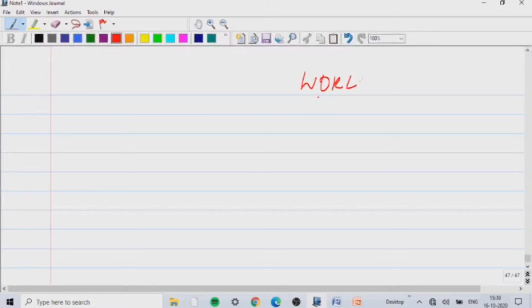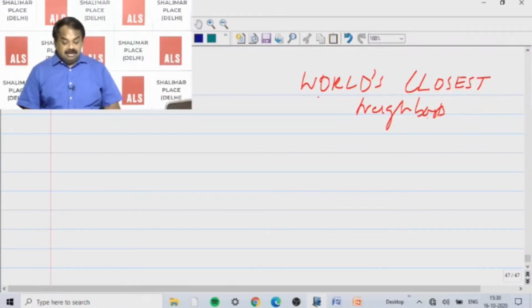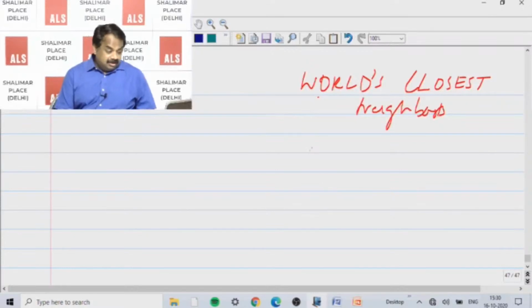Enough is enough. According to some of the foreign policy experts in India, we are the world's closest neighbors. This was said by a foreign diplomat, Sukhdev Muni.